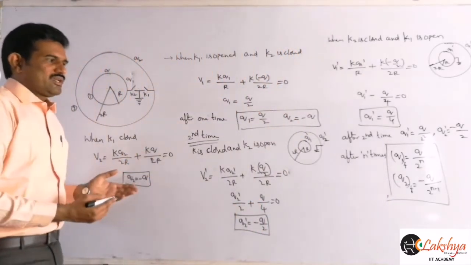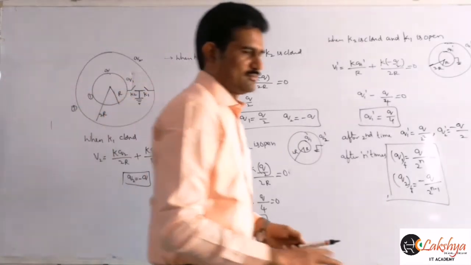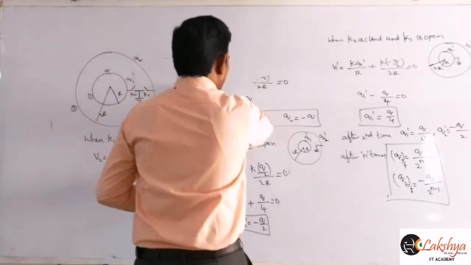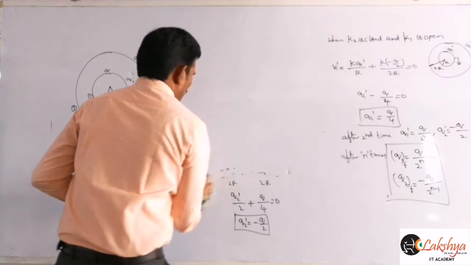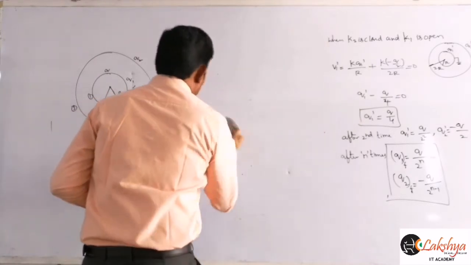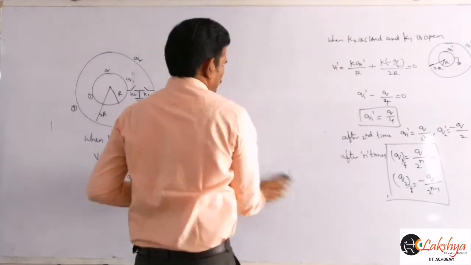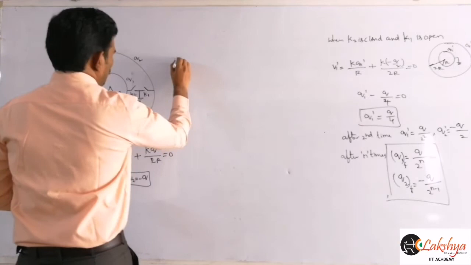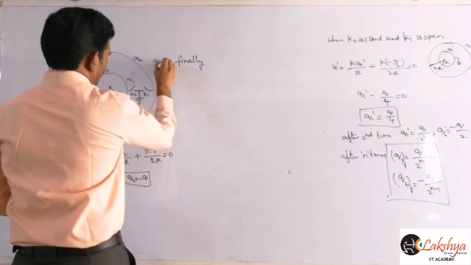And now you can write the potentials. As we got the charges, then we can write the potentials there. So now finally the given situation is K2 is closed. So its potential will be 0. So finally this is given here.